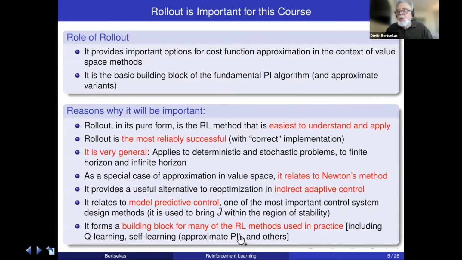Self-learning, or approximate policy iteration, a name more appropriate for our course, is similar. It involves repeated rollout. And in the other methods, rollout plays a part. So all of these are compelling reasons, and because of the simplicity of the approach, we discuss it first in this course.